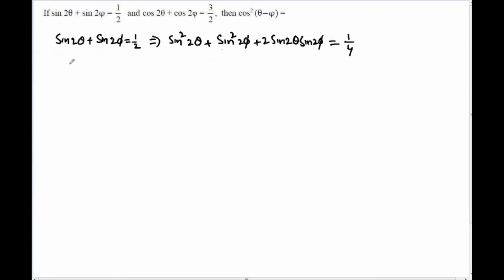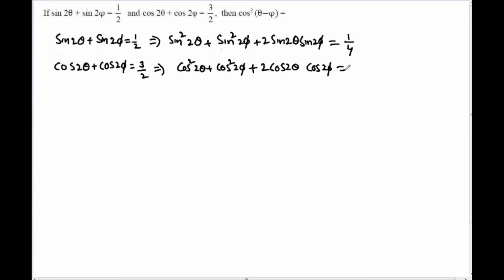And the second equation is cos 2 theta plus cos 2 phi is equal to 3 by 2. Squaring on both sides, cos square 2 theta plus cos square 2 phi plus 2 cos 2 theta cos 2 phi is equal to 9 by 4.